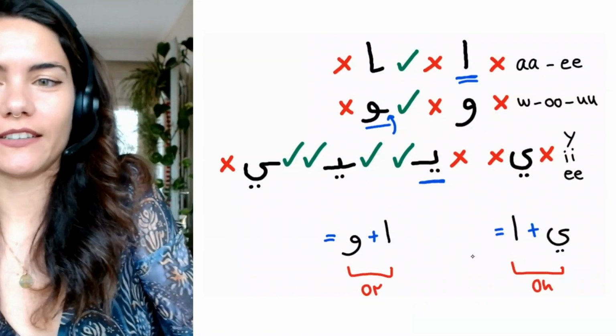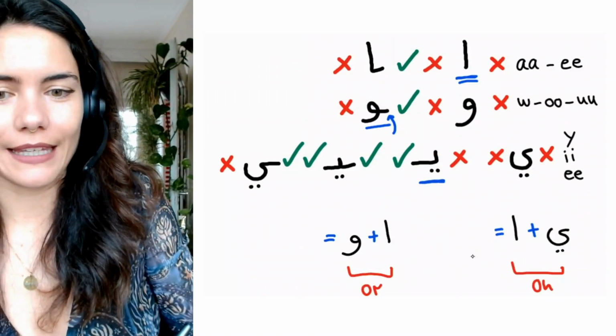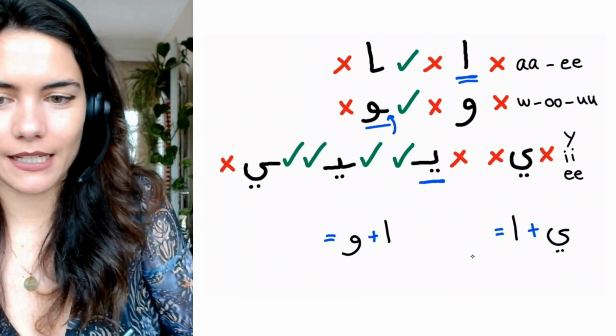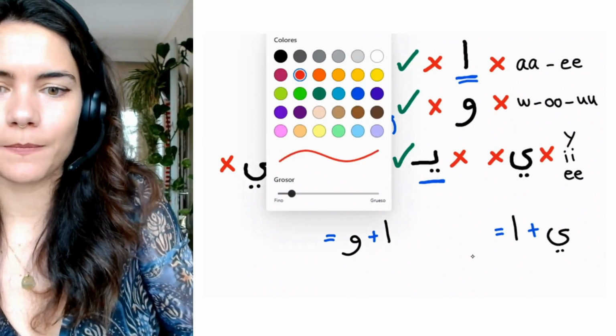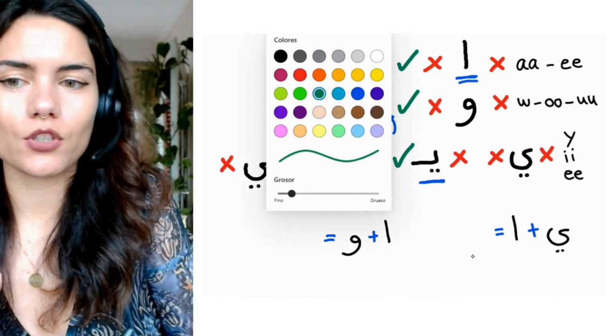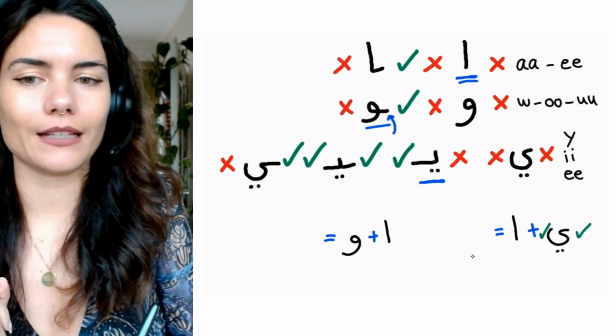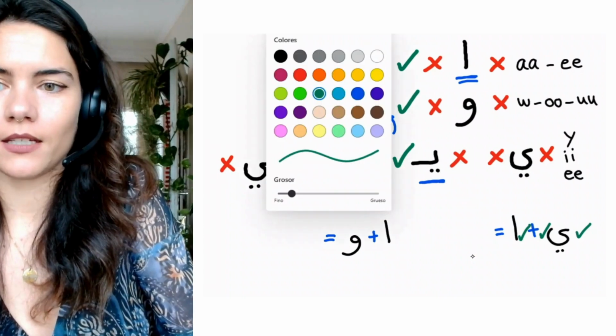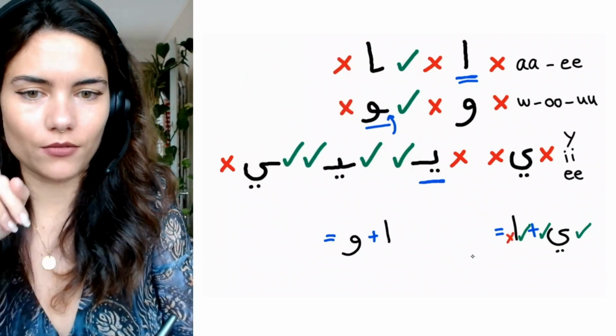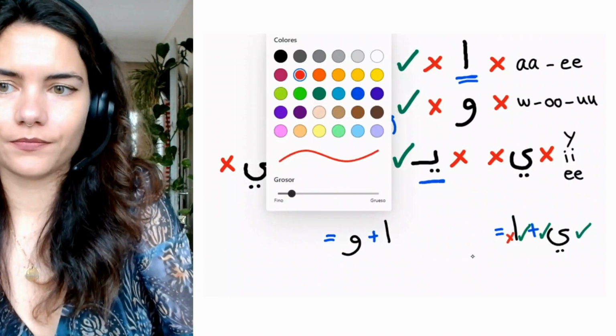So let's see if you did it right. We're going to do the same exact steps as we did before. We have the letter ya, which can join from both sides, and then we have the letter alif that can only join from this side. So we write an X here. First step, done.